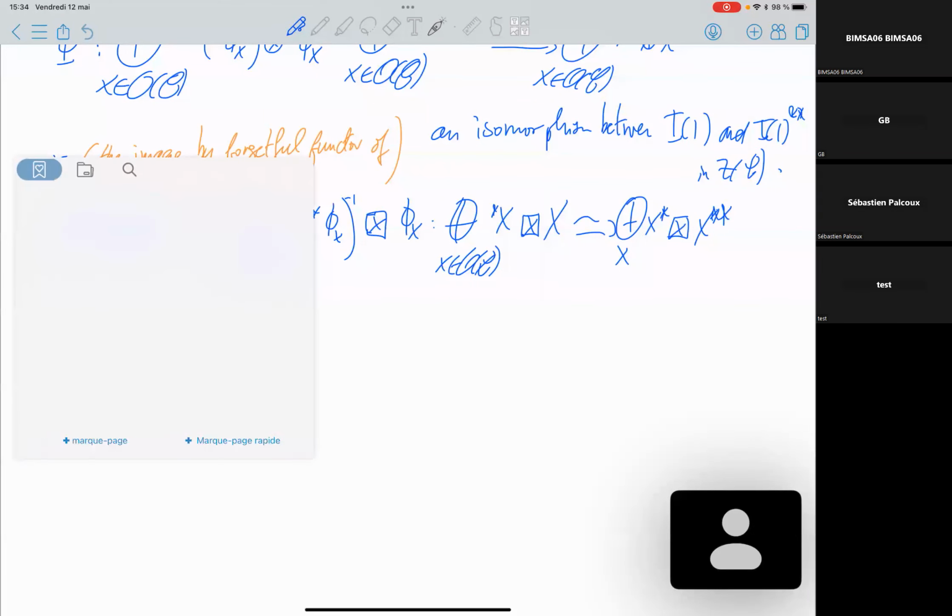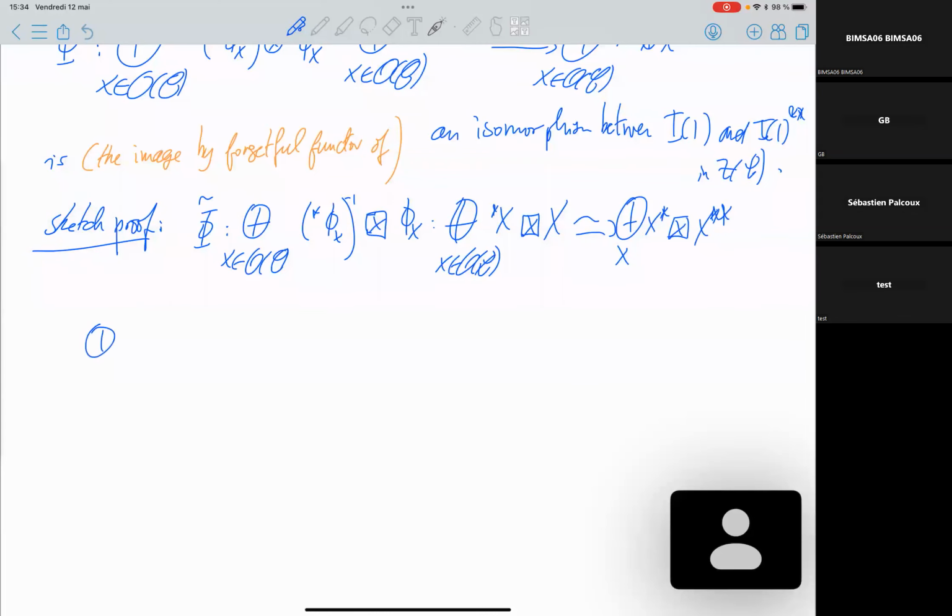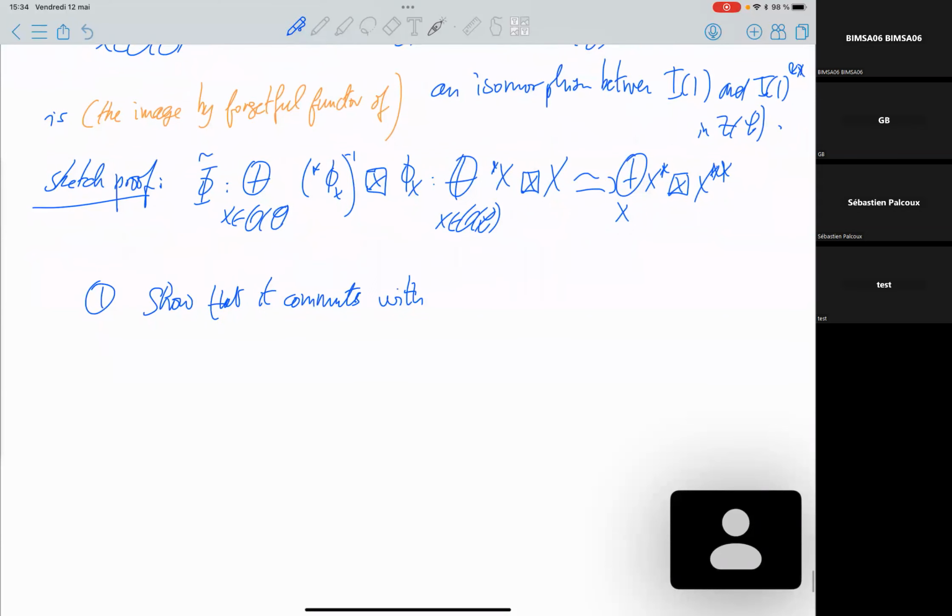So the first step is to show that it commutes with this isomorphism we mentioned before, involving the internal Hom of C. I am just sketching that.